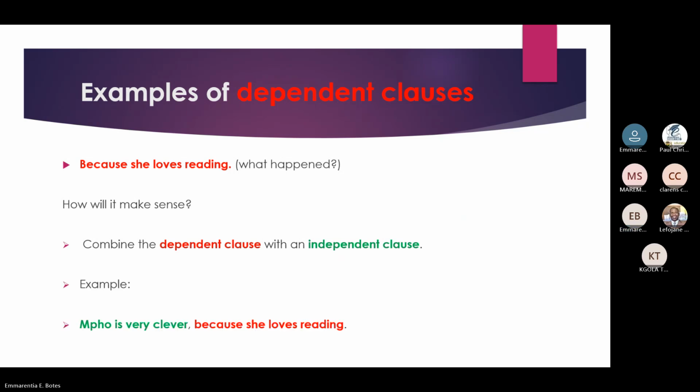The example: Mpo is very clever because she loves reading. Now the dependent clause makes sense. Mpo is very clever is our independent clause. We combine it with our dependent clause, which is because she loves reading.